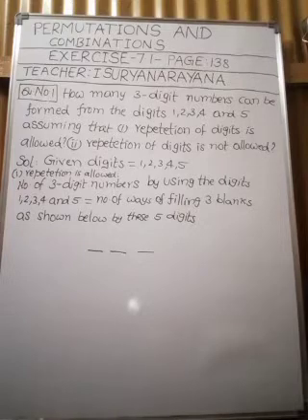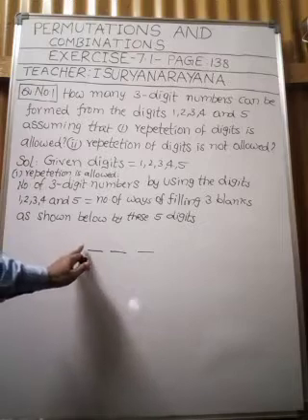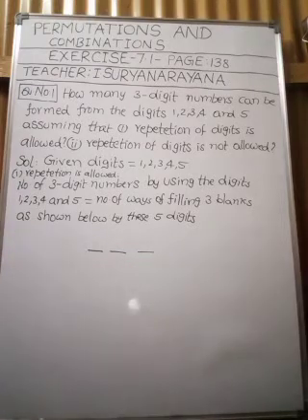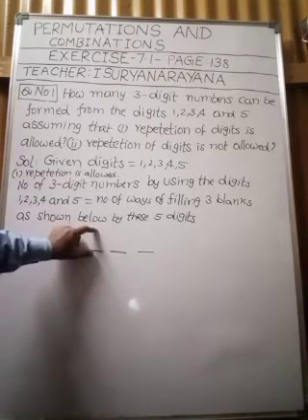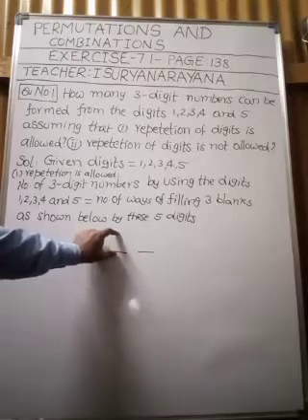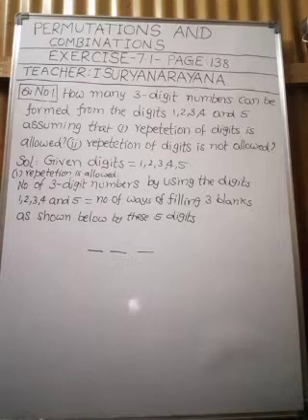So if you observe this part, there are three events, three operations, three jobs. Filling the hundreds place is one operation. Filling the tens place is the second operation, and filling the units place is the third operation.